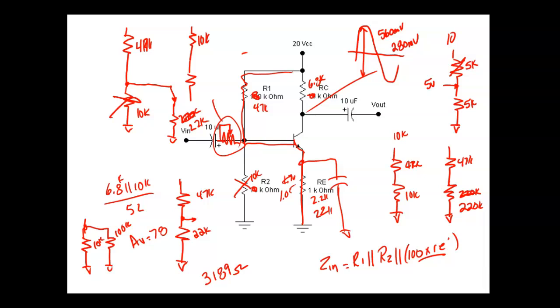The emitter resistor is 2.2K. So what's 2.2K times 100? It's 220K.